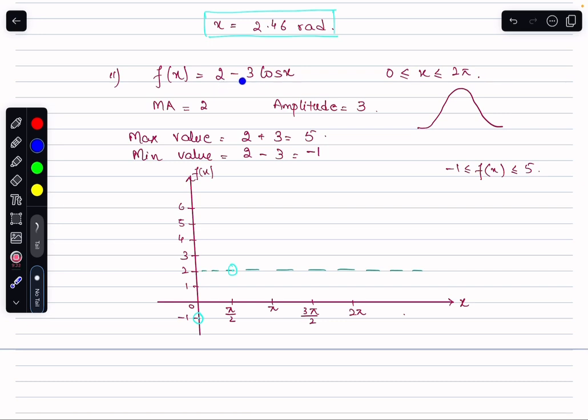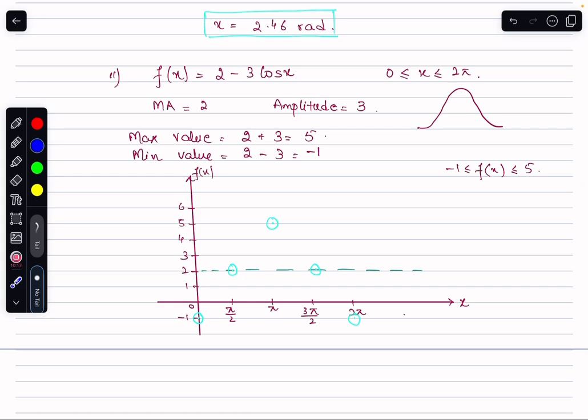Negative 3 into negative 1 gives me a positive 3, 2 plus 3 then shall give me 5, meaning over here this value shall be equal to 5. Now 3 pi by 2. Substituting 3 pi by 2, cos of 3 pi by 2 is 0. This whole term gets eliminated, and then again I will be left with a 2 here. And then cos of 0 and cos of 2 pi are equal. If you substitute cos of 2 pi here, it is equal to 1, and 2 minus 3 into 1 gives you minus 1. Therefore, we have already sketched a minus 1 here.